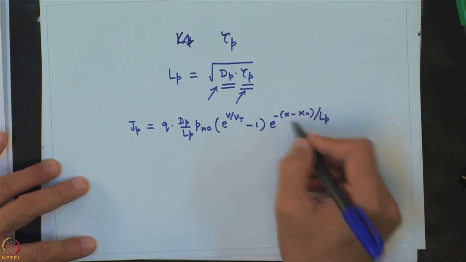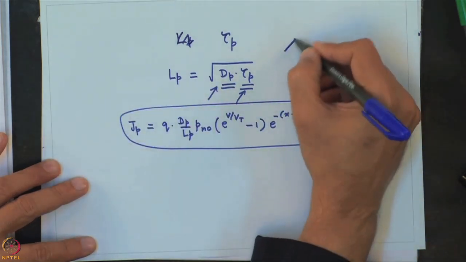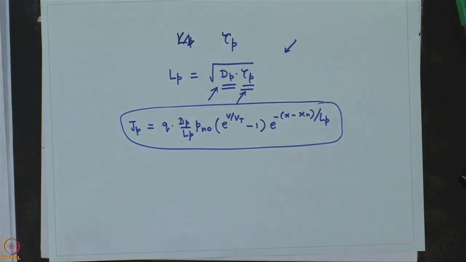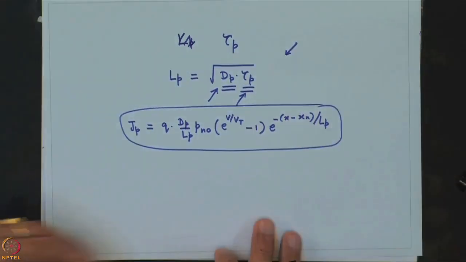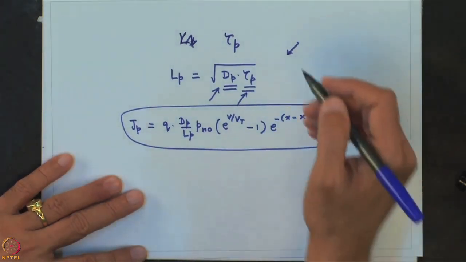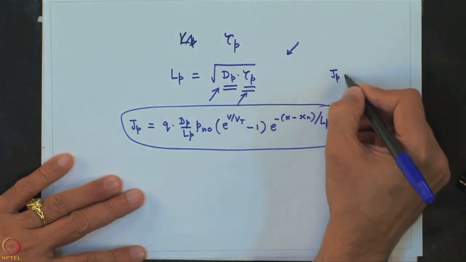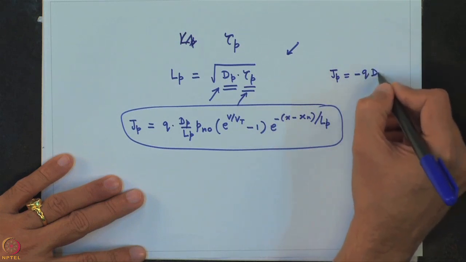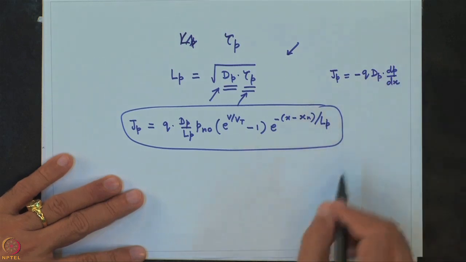In arriving at this equation, we made use of equation number 2 and the expression for the diffusion current, which, just to recall for your ready reference, is minus q times Dp into dp by dx.